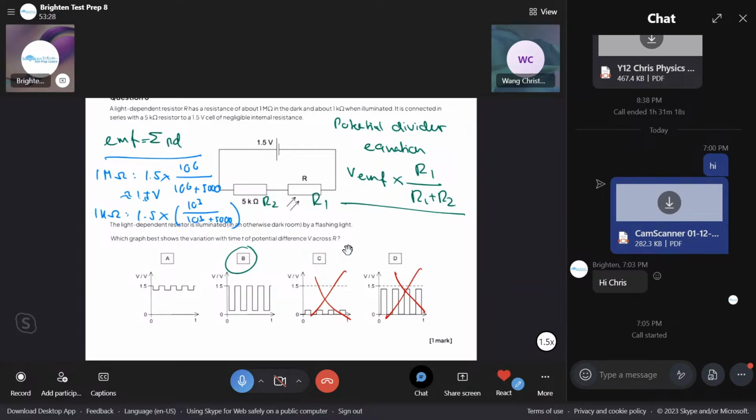Yeah. Okay, so you see, if you say this is the potential divider equation and I apply the values, your answer will be very fast comparatively, right? Because you take two situations. That is the key point: it's a variable resistor.